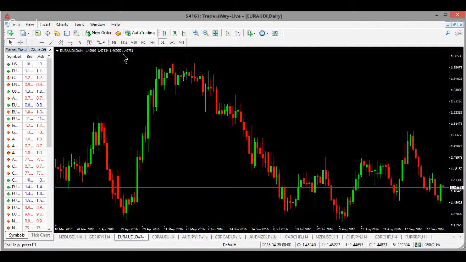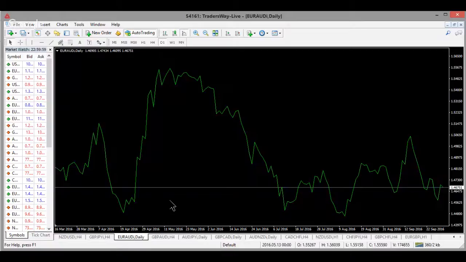One of the tricks that I utilize when marking up the charts, just to make life easier, is to switch my candlesticks to line charts. Boom. The reason is it clearly shows you all the major areas that you need to focus on.